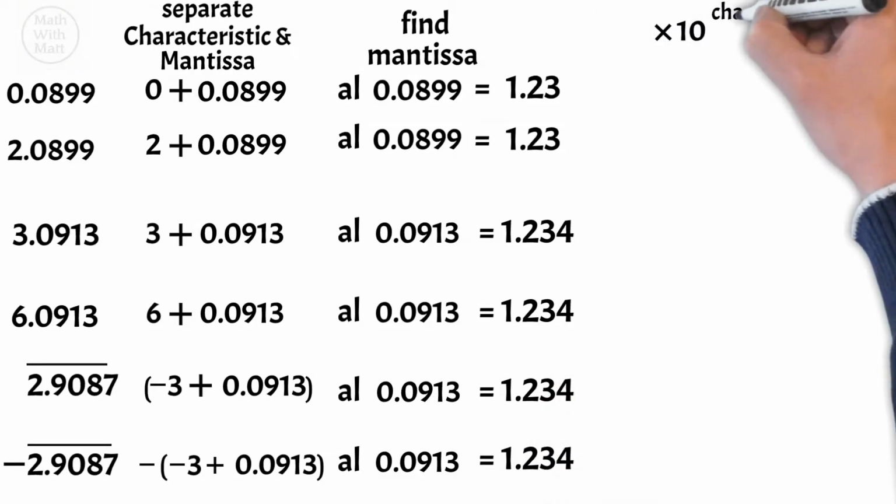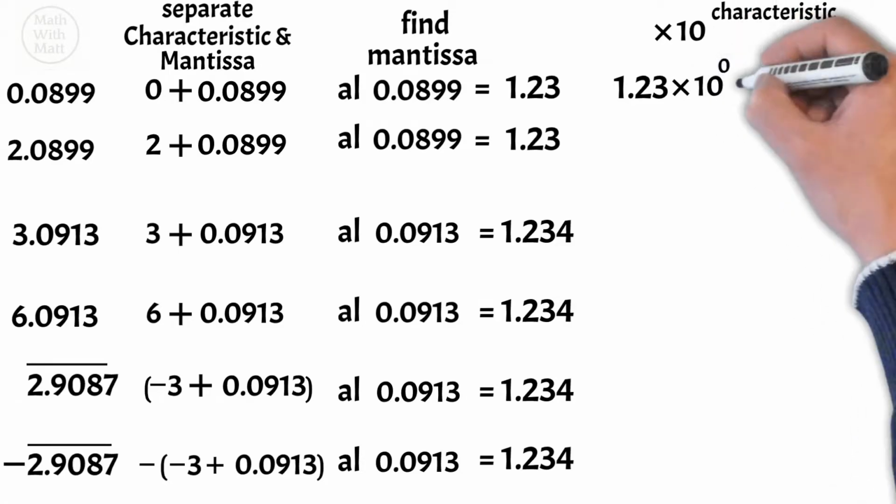Next, we multiply the 10 to power characteristic value to the mantissa, and get our final answer.